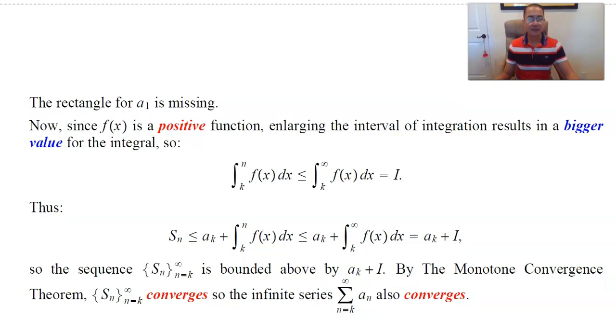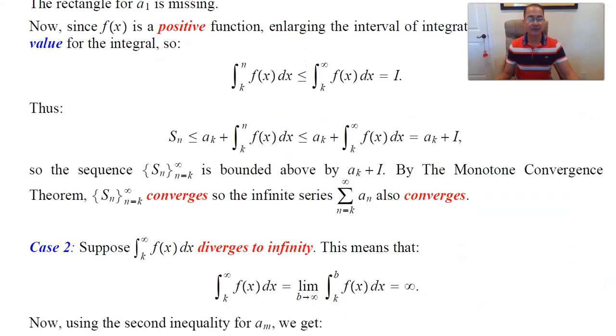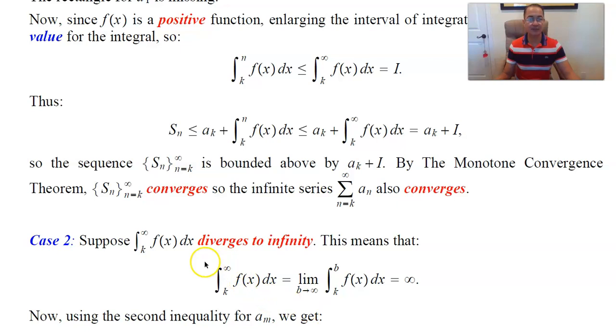All right. So now let's do the flip side. What happens if the integral diverges to infinity? Very bad. It means that the limit as b goes to infinity of the definite integral from k to b must be positive infinity.